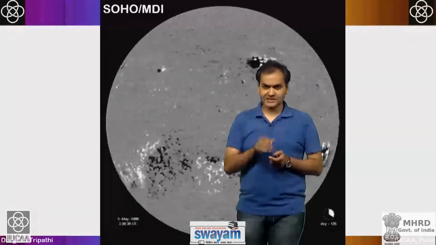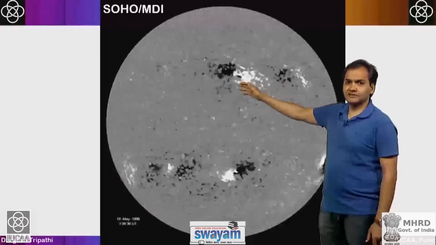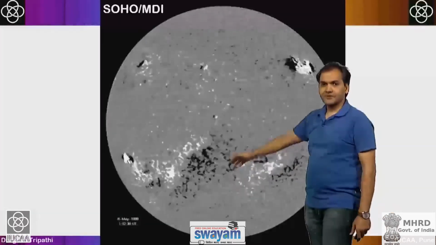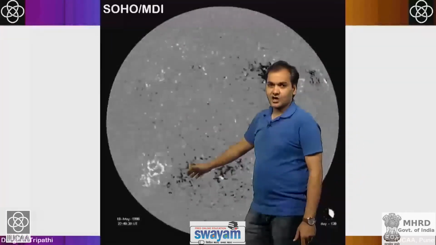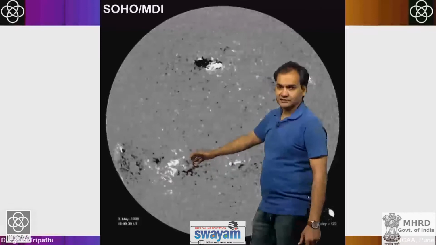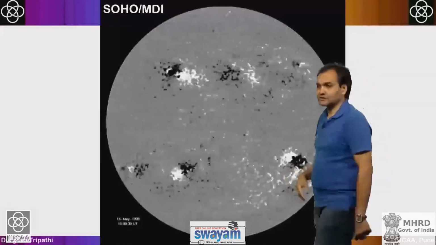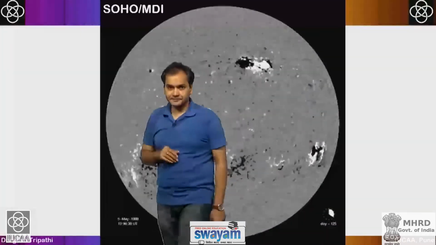So, as you can see, like sunspot regions which appear in specific belts in Galileo's drawings, here also you see that the strong regions of magnetic field are appearing in 2 different bands, one in the southern hemisphere and the other in the northern hemisphere.